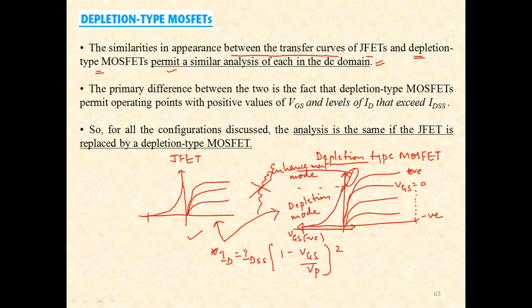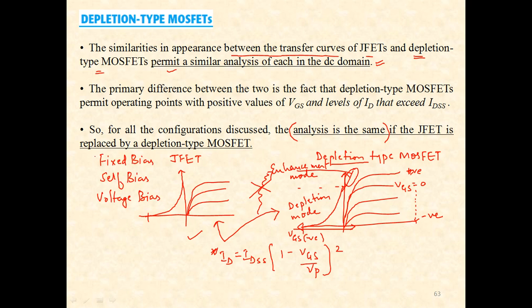Okay, fine. So for all the configurations discussed, the analysis is the same. Please pay attention to this statement: for all the configurations discussed so far. Which configurations have we discussed so far with respect to JFET? We have discussed fixed bias, then the self bias and voltage divider bias.